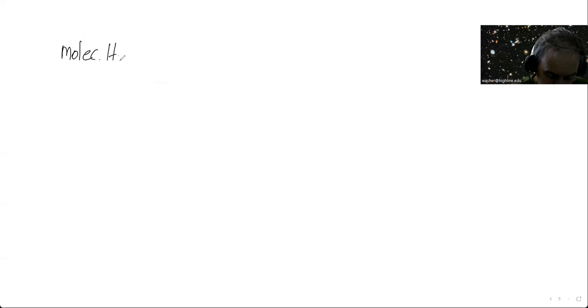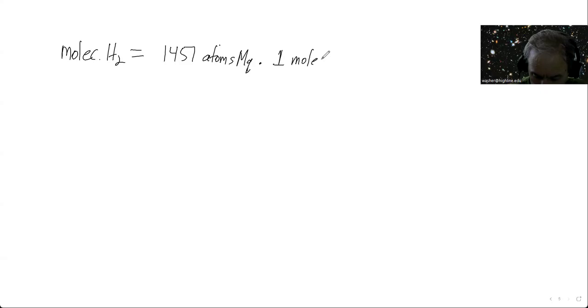And to write that out, just so you have that, molecules of H2 is equal to 1,451 atoms of magnesium times one molecule of H2 over one atom of magnesium, right?